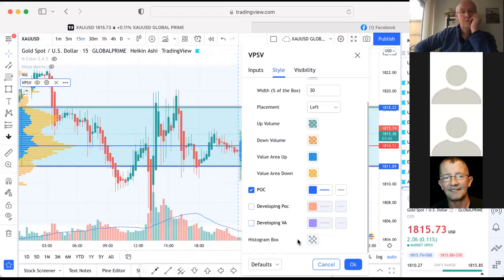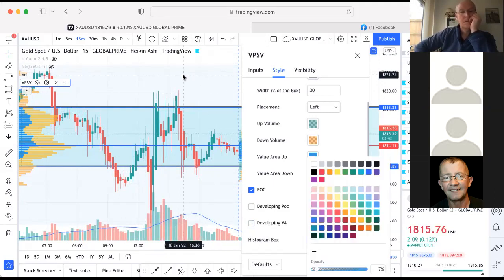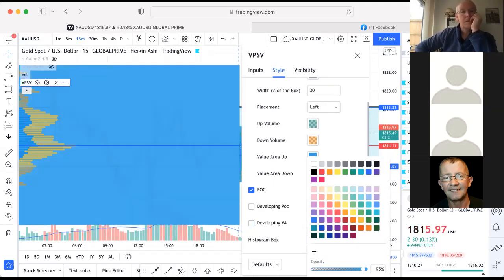And then the last one is the histogram box, which, if you can see on my chart, there's a pale blue area there and it changes to white. And that's showing, if I make it darker, the extremes of the value area of the extremes of the total volume profile.